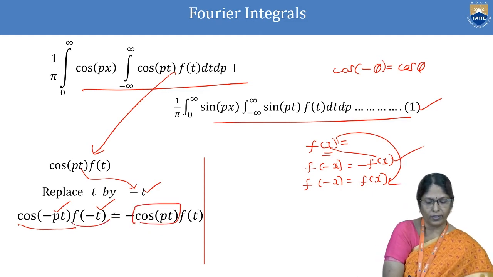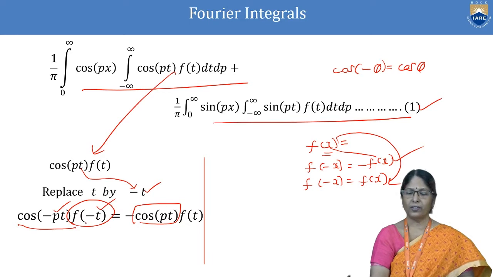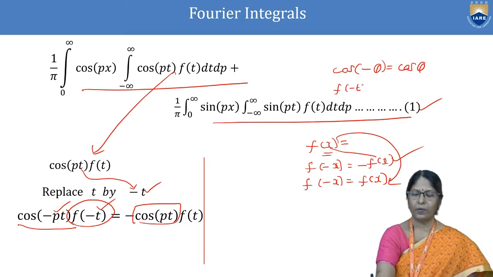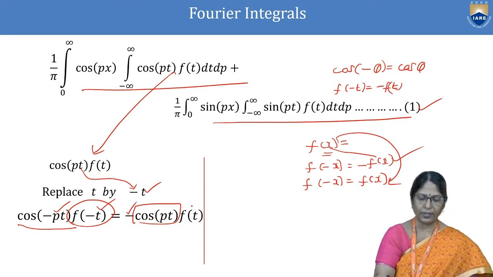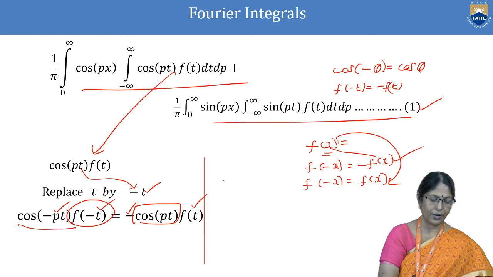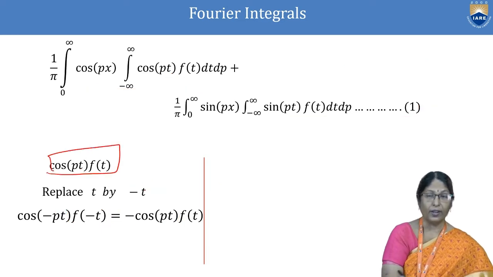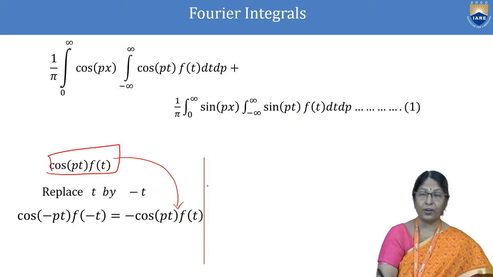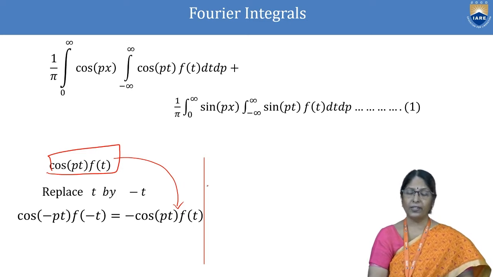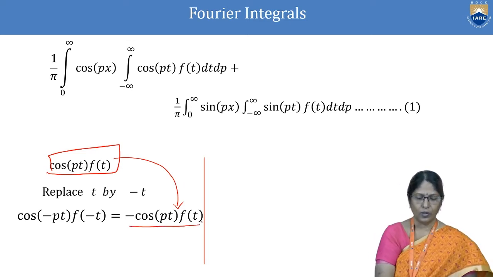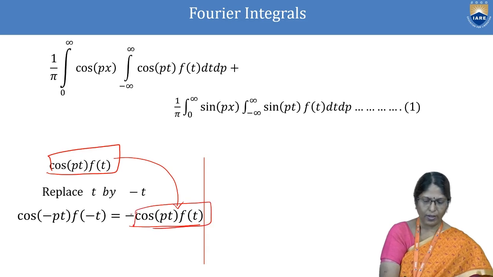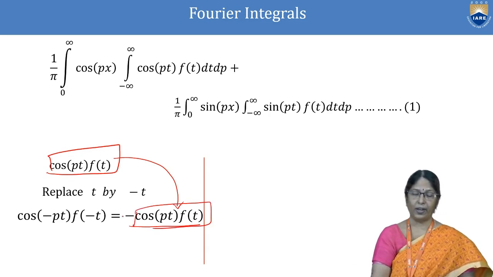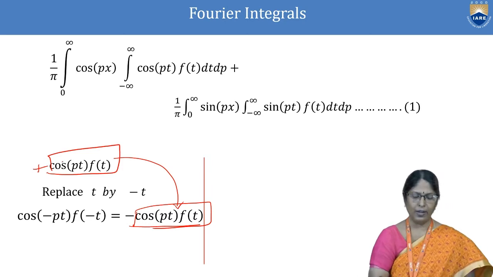Then f of minus t is nothing but minus f of t, so that minus sign is kept here. Comparing the final result after replacing t by minus t, we got the opposite sign compared to the original, because here it is plus and here we got the opposite sign. It is nothing but an odd function.